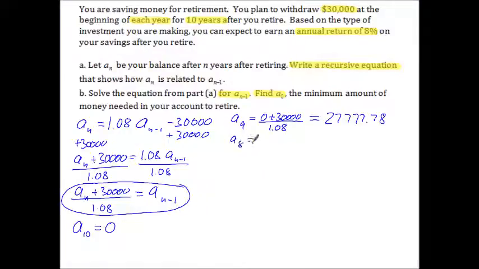So A sub 8 is going to be 27,777.78 plus 30,000, all divided by 1.08, and that is $53,497.94. Alright, you guys, now stop the video and find the rest of the values yourselves.